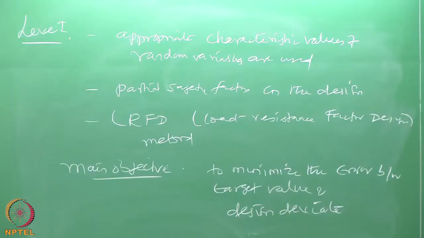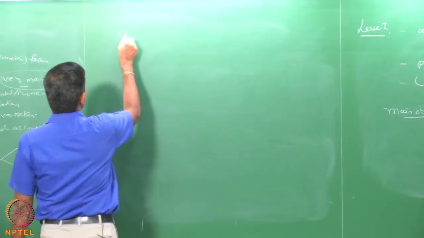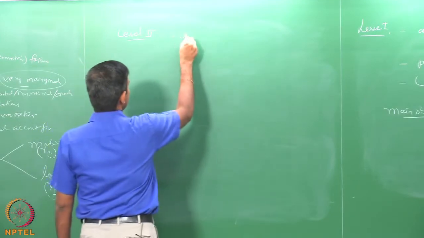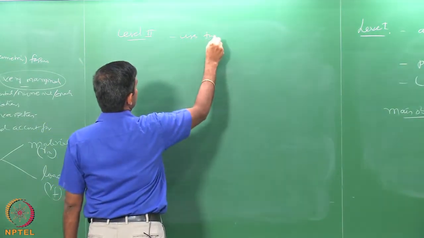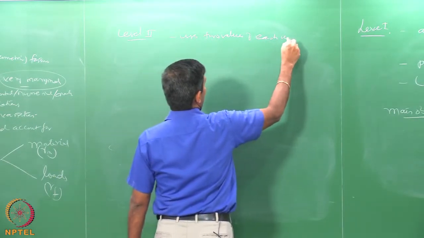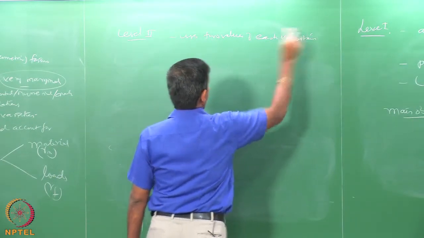Level 2 uses two values of each uncertain parameter.